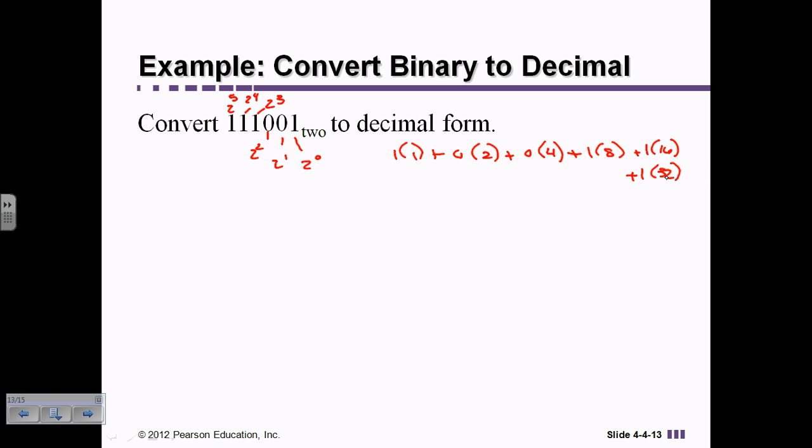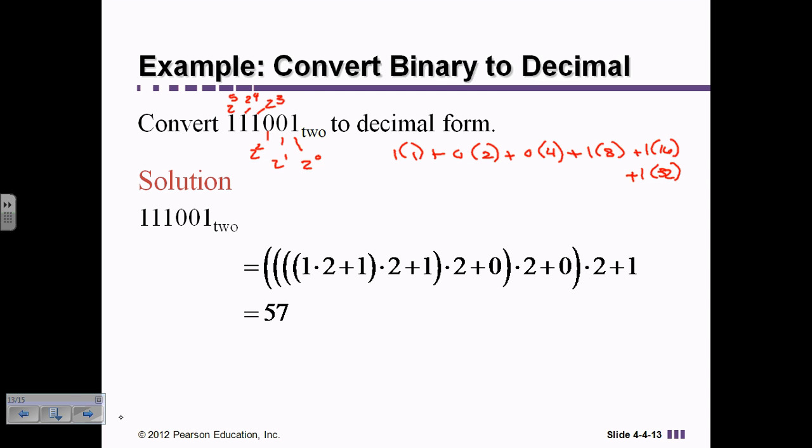So if we take all of these numbers and add them together, 32 plus 16 is 48. 48 plus 8 is 56. 56 plus 1 is 57. So the number 111001 is the number 57 in decimal.